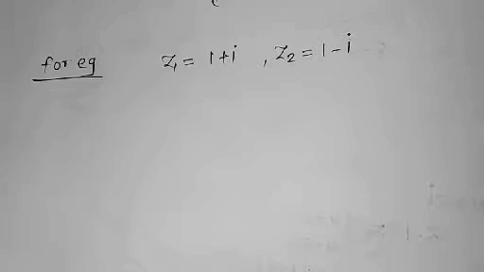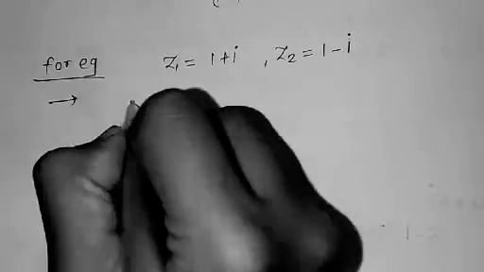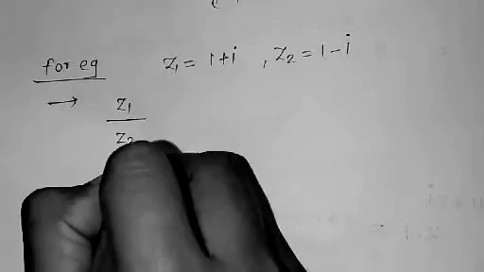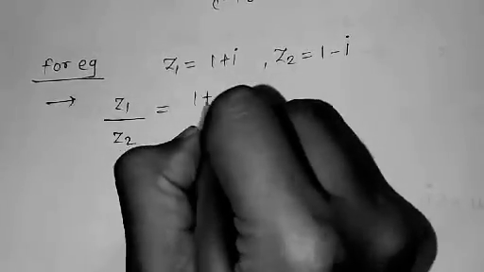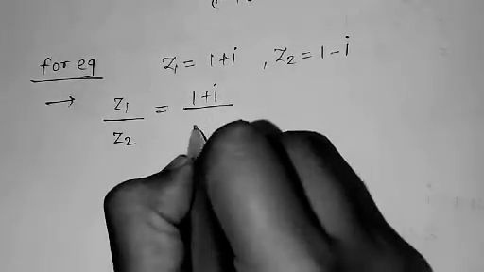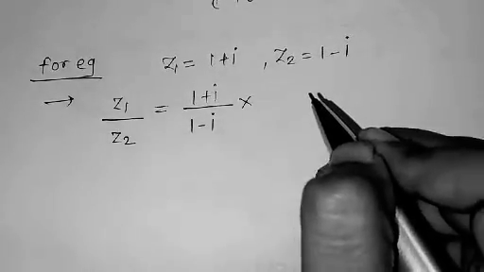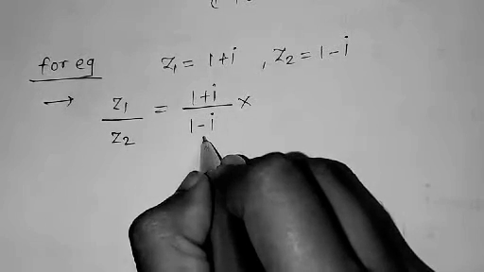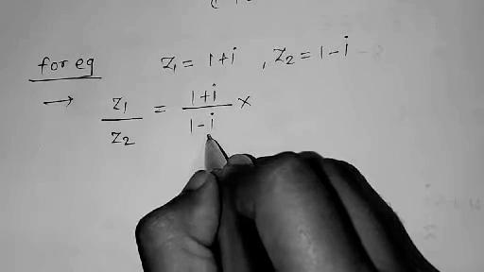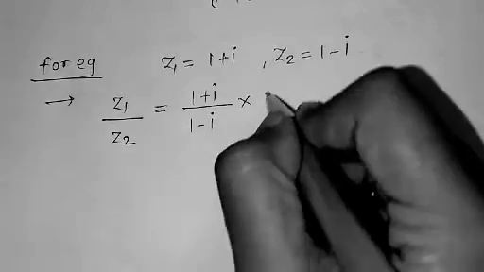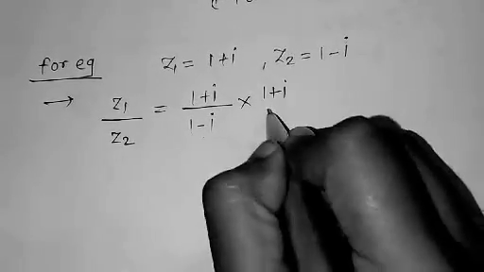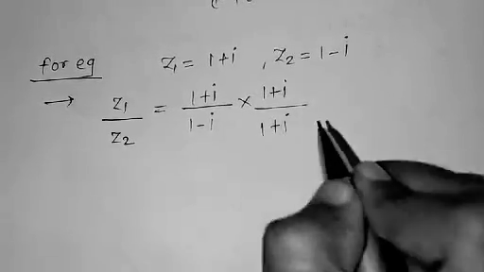Here we have z1 is equal to 1 plus i and z2 is equal to 1 minus i. We have to divide these two complex numbers as z1 upon z2 is equal to 1 plus i upon 1 minus i. So here we multiply and divide by the conjugate of z2, that is 1 minus i. The conjugate of 1 minus i is nothing but 1 plus i, upon 1 plus i.